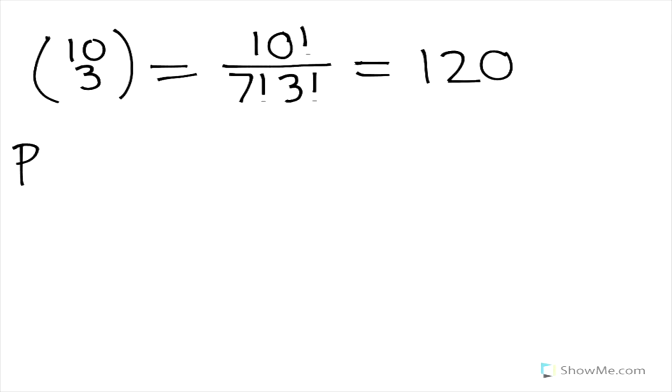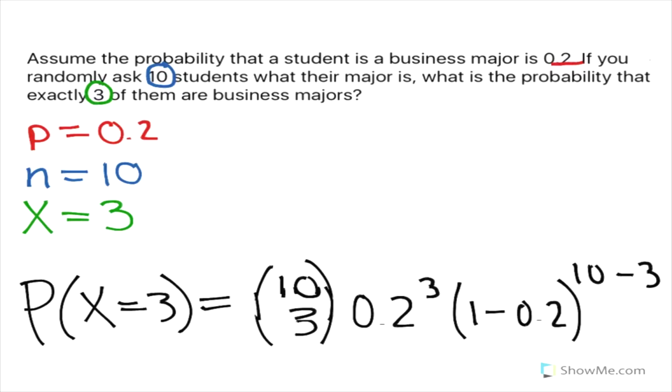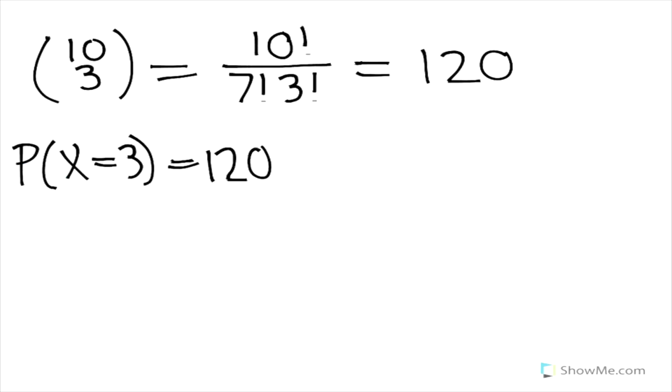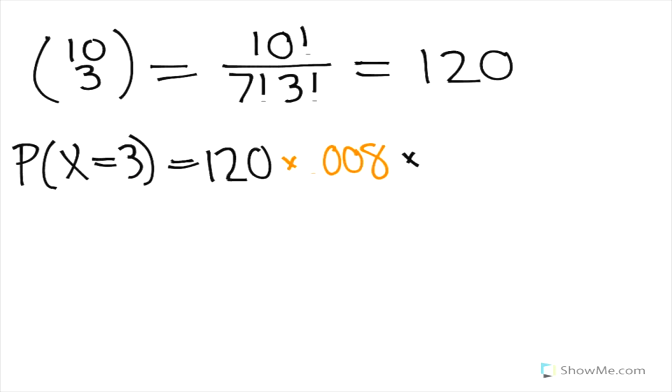So then our formula, the probability that x equals 3 is 120, and then we have p to the x, so 0.2 to the power of 3, and that gives us 0.008, and then we have 0.8 to the power of 7, and that gives us 0.21.